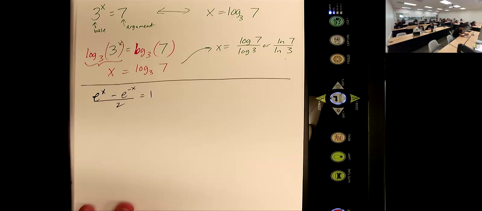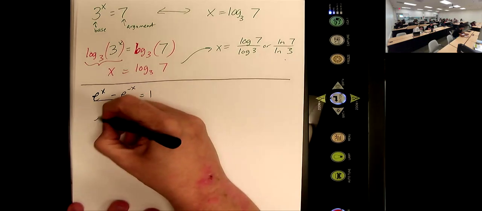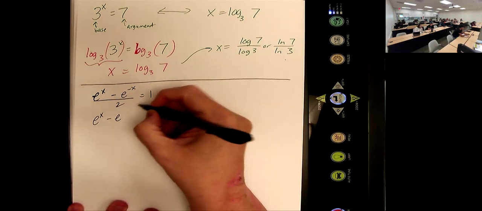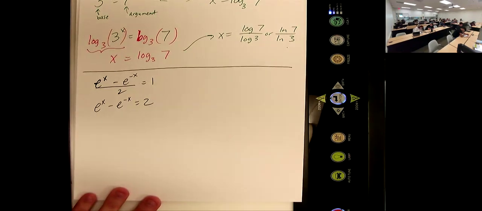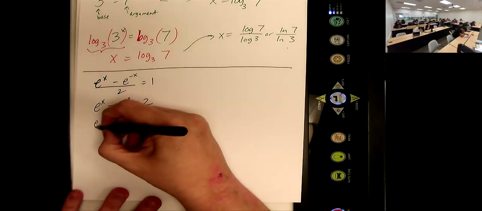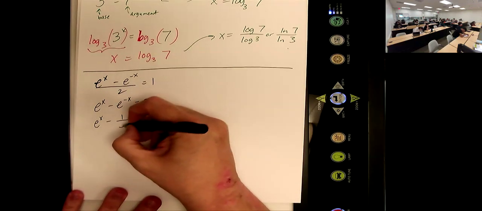We do want to get rid of fractions. And believe it or not, we still technically have a fraction, because e to the negative x is 1 over e to the x.